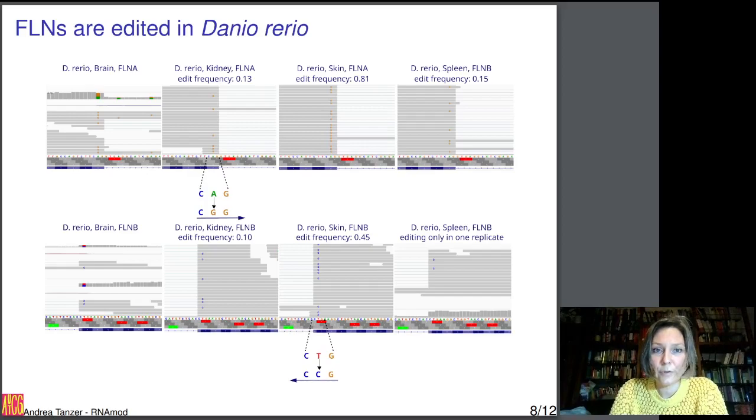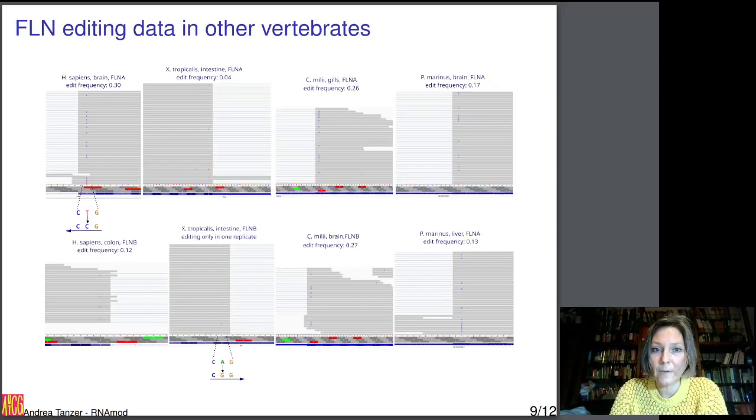And looking further, we confirmed the functionality of our predicted editing sites in frog, in shark, and also in lamprey.